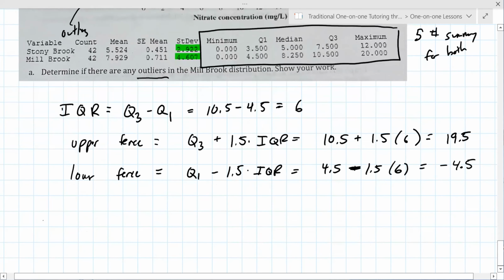So here's how you determine if there's an outlier. If there is a number above the upper fence, and then the next one is below it.